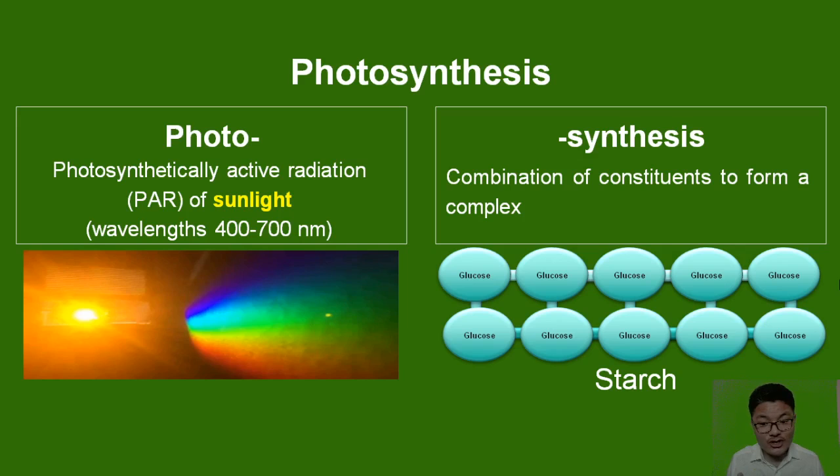So the formation of starch from glucose units by use of sunlight is called photosynthesis, and this process occurs in the leaves of the plants. Leaves of the plants interact with the sunlight, and thereby the entire process of photosynthesis starts.